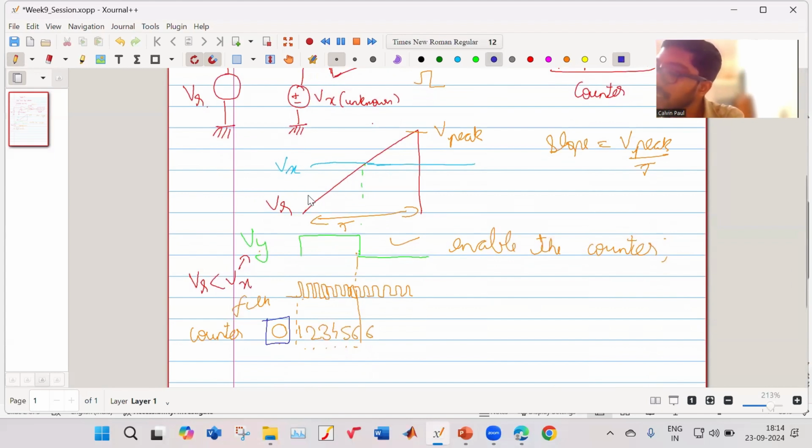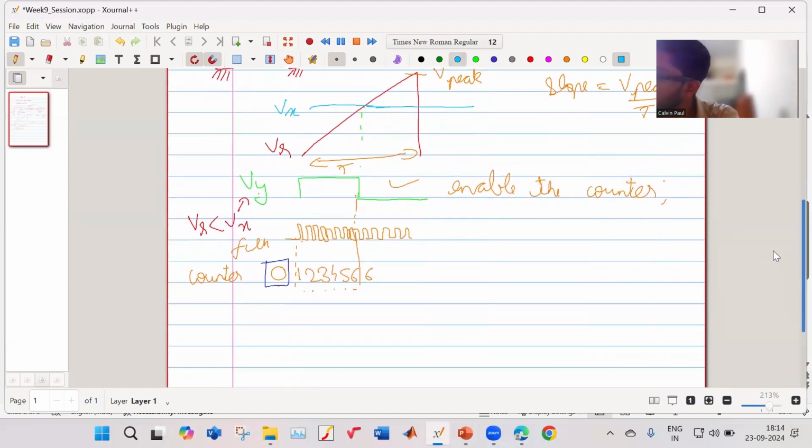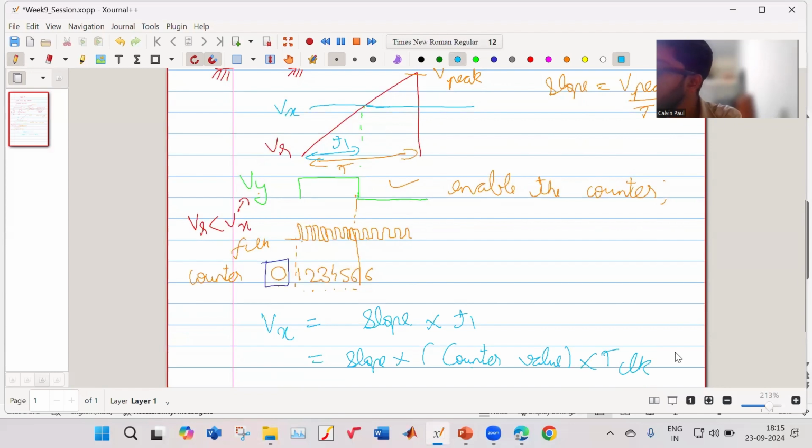And what is this voltage Vx? Now how will we find what is Vx? My Vx will be equal to this slope into this time t1. And what is this time t1? It is the number of clock cycles, or the counter value, sorry, into the time period of your clock.